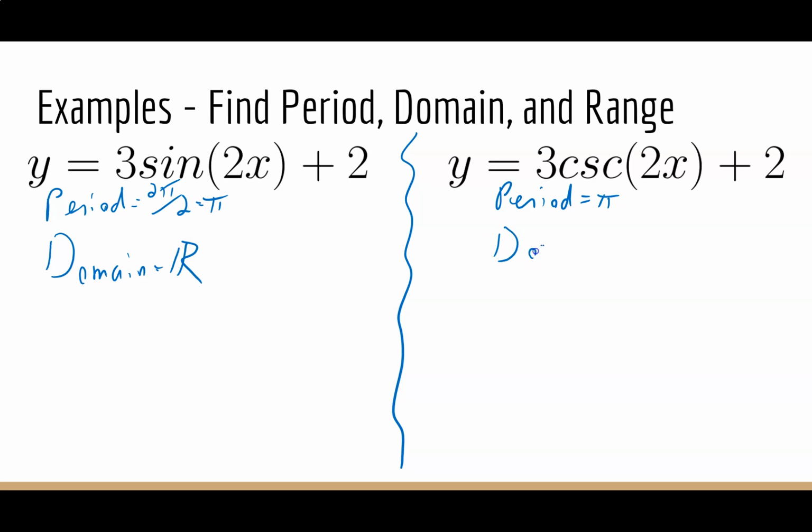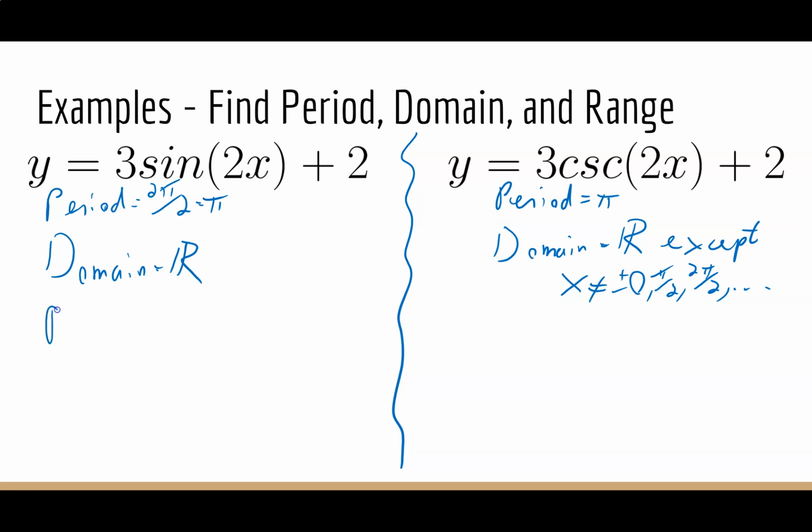Over here, domain is all real numbers except x cannot equal plus or minus 0, pi over 2, 2 pi over 2, etc. Remember, I got that pi over 2 because the period is pi, and so it's half periods. The asymptote shows up every half period.